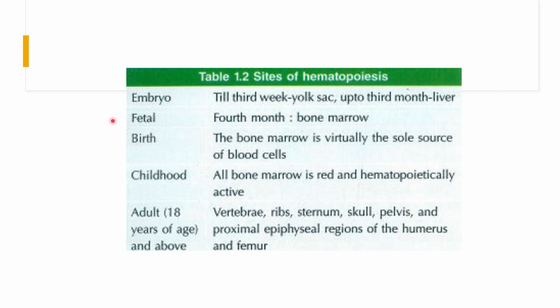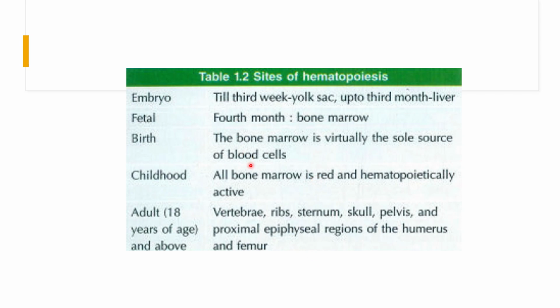Further elaborating the sites of hematopoiesis, in the embryo stage, up to the third week, the yolk sac is responsible for hematopoiesis, and up to the third month, the liver is responsible. Then, in the fetal life, fourth month onwards, the role is taken up by the bone marrow. At 18 years and above, the vertebra, ribs, sternum, skull, pelvis, and proximal epiphyseal region of the humerus and femur are the main sites of production of RBCs.